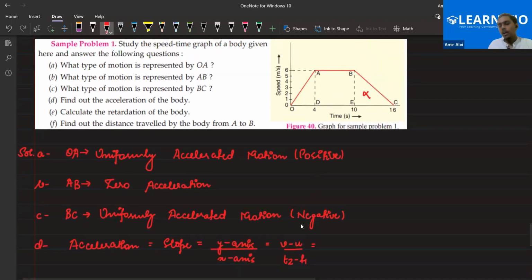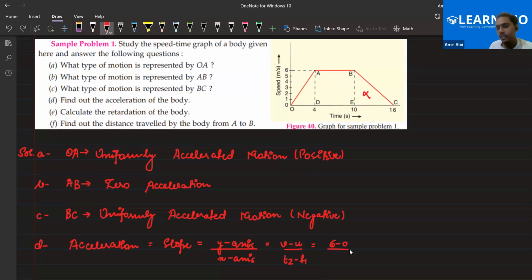See, why have I done that? This is the final velocity and this is the initial velocity. I have to calculate the acceleration. So acceleration will be calculated from the initial, and because there are two velocities given, we have to subtract them. 6 minus 0 divided by, as you can see, this interval.